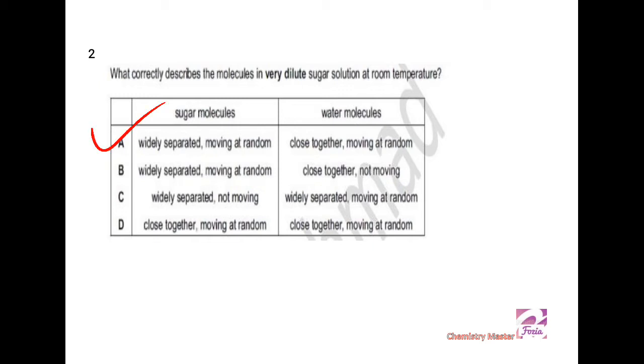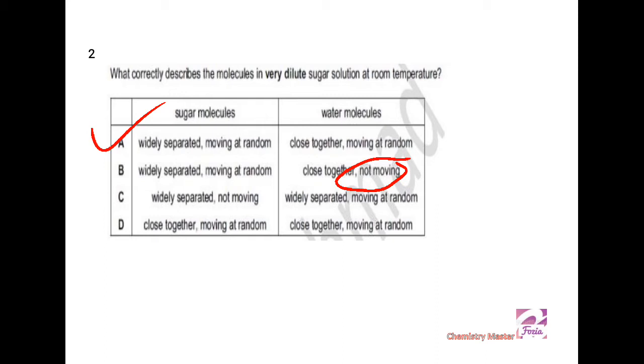Option B, widely separated, moving at random. Water molecules close together, not moving. It can't be possible, because when we understand the kinetic particle theory of matter, we learn that all particles of liquids and gases are all the time moving randomly, haphazardly, and this is called Brownian motion.